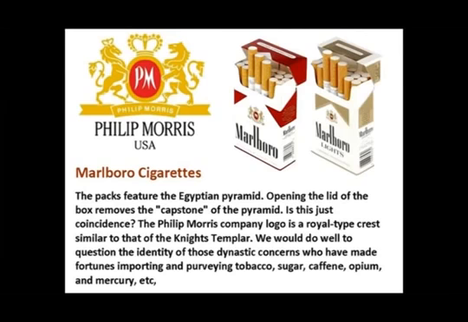Is this just coincidence? We would do well to question the identity of these dynastic concerns who've made fortunes importing and purveying tobacco, sugar, caffeine, opium and mercury. We mentioned in part 1 the Atlantis book and the appendices, Appendix F, which contains a thorough look at the purveyors of these stimulants.